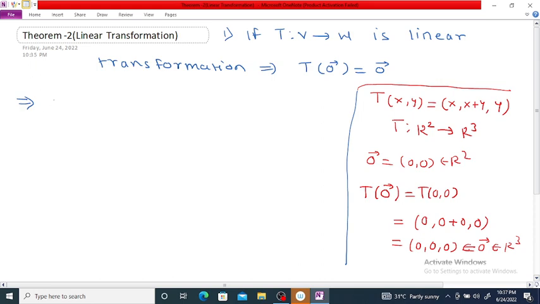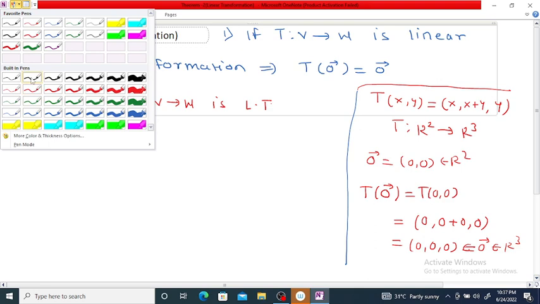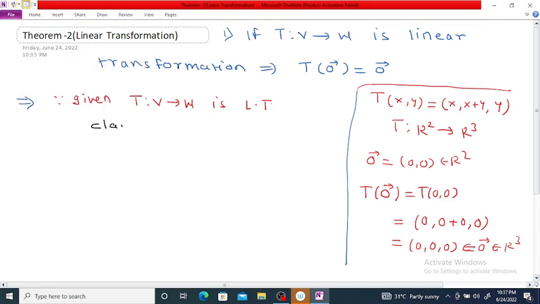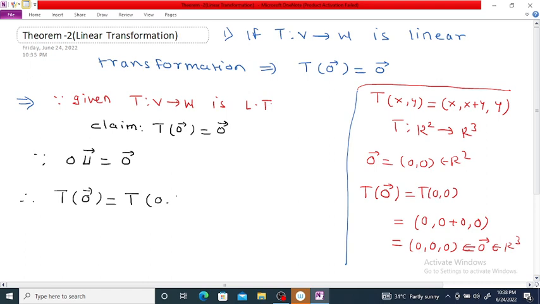Now, given that the function T from V to W is a linear transformation, our claim is to prove that T of 0 bar is equal to 0 bar. From vector space theorem, we know that 0 into u bar is equal to 0 bar, and therefore T of 0 bar is equal to T of 0 into u bar.